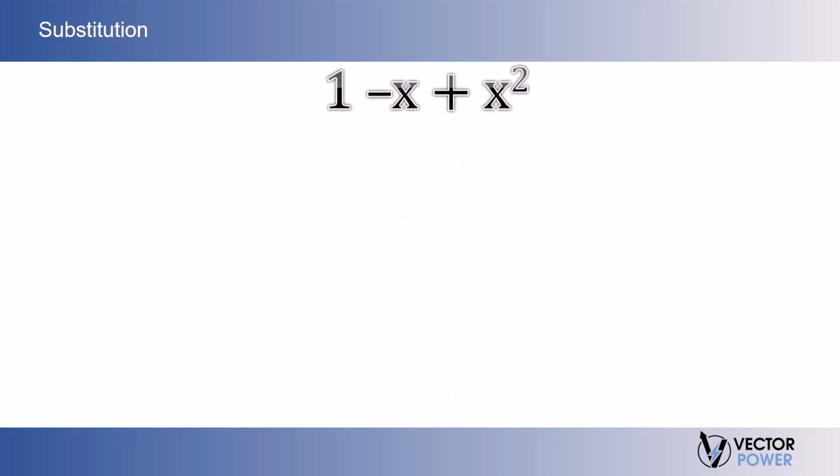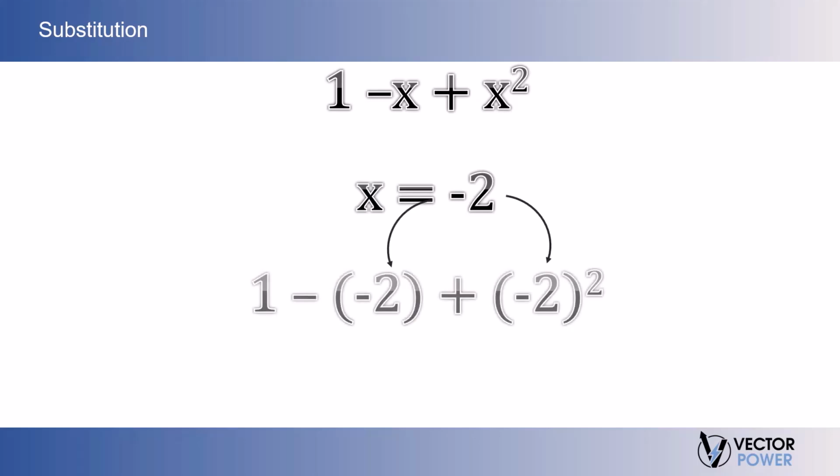All right, let's talk a little bit about working with negative numbers. So in our example, let's say that x equals minus 2. So using substitution, we get rid of the x, we replace it with minus 2.